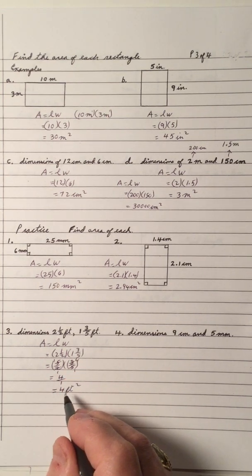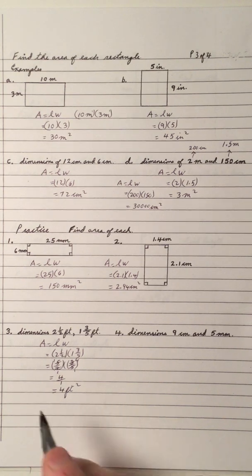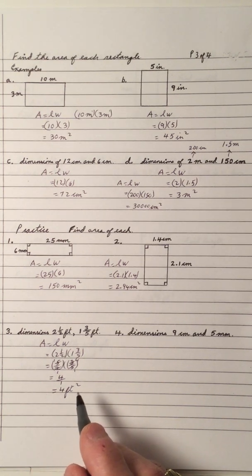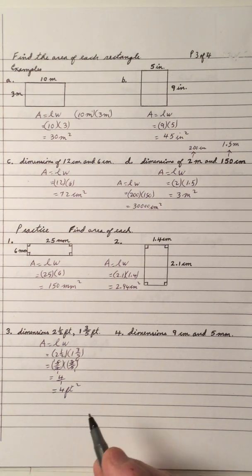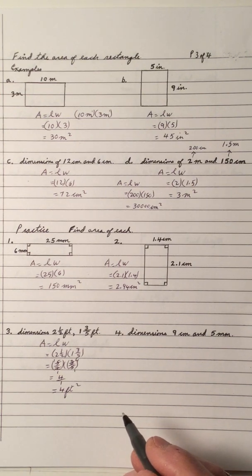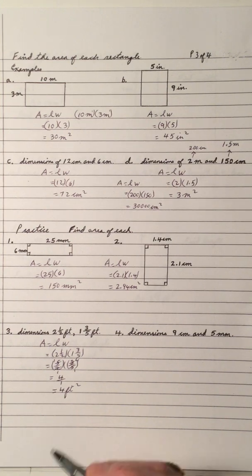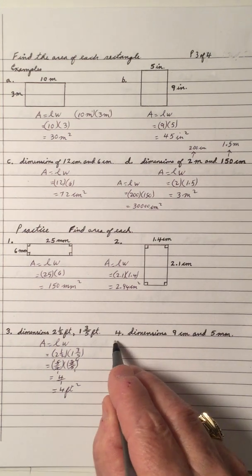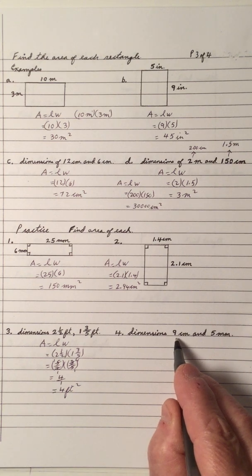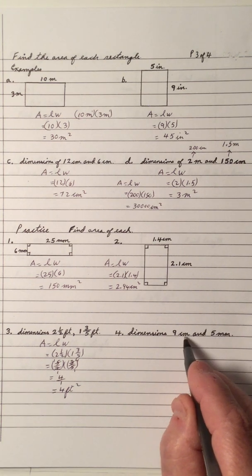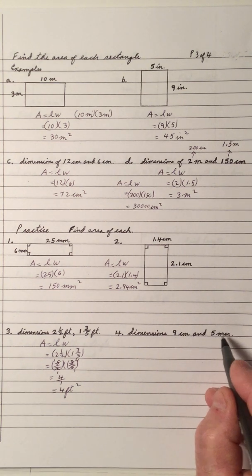Remember, area is length times width, 2 dimensions, so you get a square. It's like an A times an A is A squared. Or Y times Y is Y squared. So area is 2 dimensions, length and width, so it ends up to be a square. And number 4, dimensions are 9 centimeters and 5 millimeters.